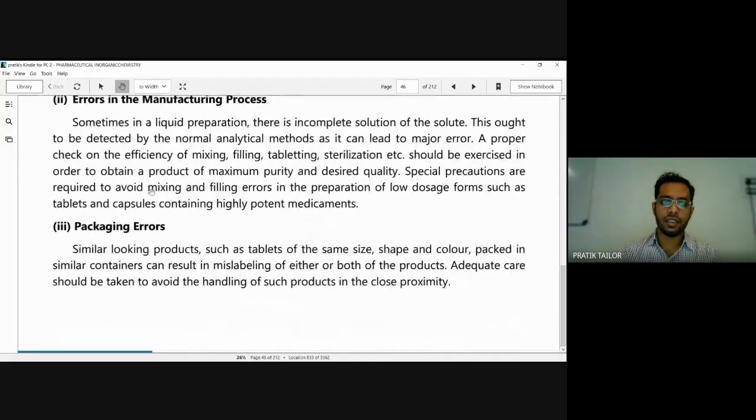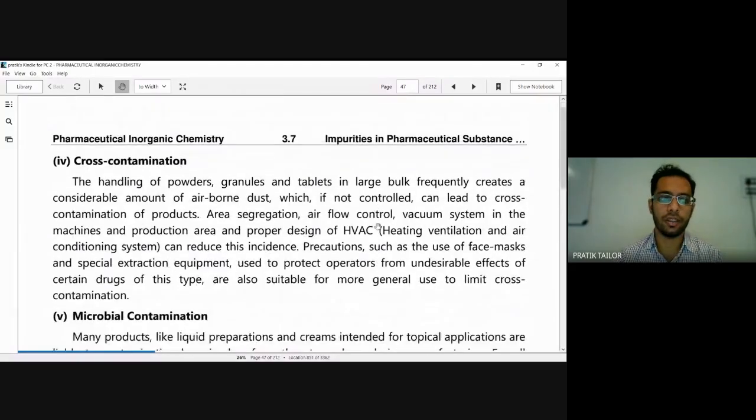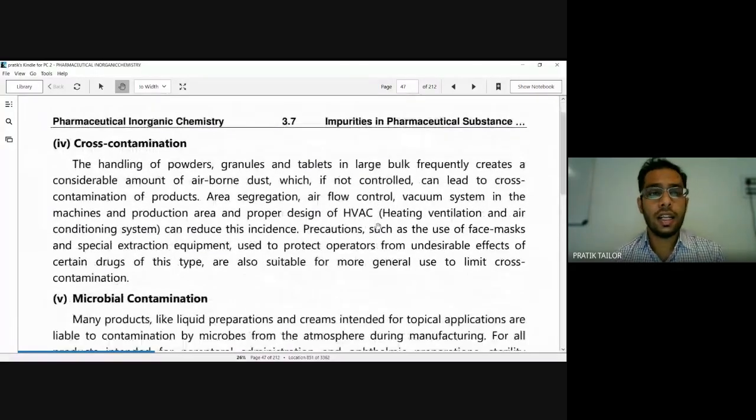Packaging error. Similar looking products are used instead of one another. This can be due to similar size, shape, color, similar pack. So even this can lead to impurity in your product. The handling of powders, granules, tablets in large bulk frequently creates a considerable amount of cross contamination.